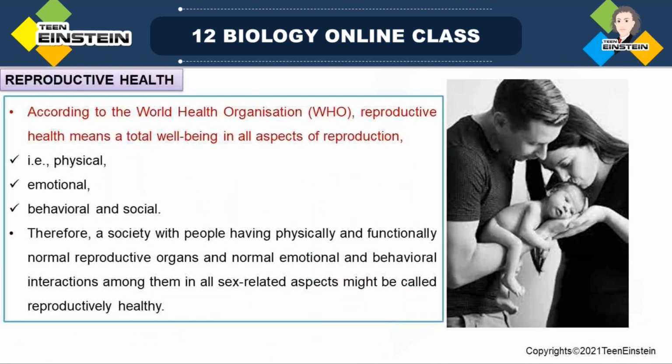Without an idea about the previous chapter, human reproduction, we can't learn about this chapter, because we are going to learn about reproductive health. First, we should know reproduction and reproductive structures, then only we can learn about reproductive health. So now let's move to the fourth chapter.